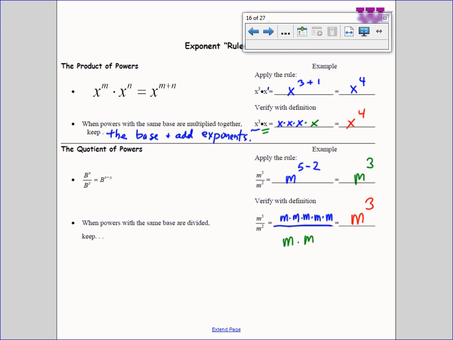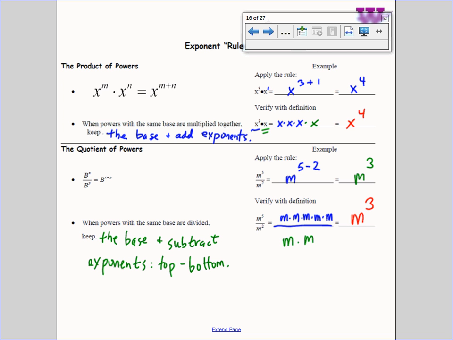When powers with the same base are divided, we keep the base and subtract the exponents, top minus bottom. Top exponent minus bottom exponent.